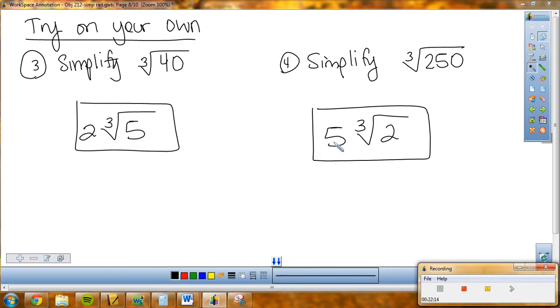Make sure you're checking that you have your third roots. If you had any mistakes, double check that you factored correctly, you didn't forget any of your prime factors under the roots, and that you were pulling out only 1, 2 for every 3 that you found, and 1, 5 for every 3 that you found under the root.